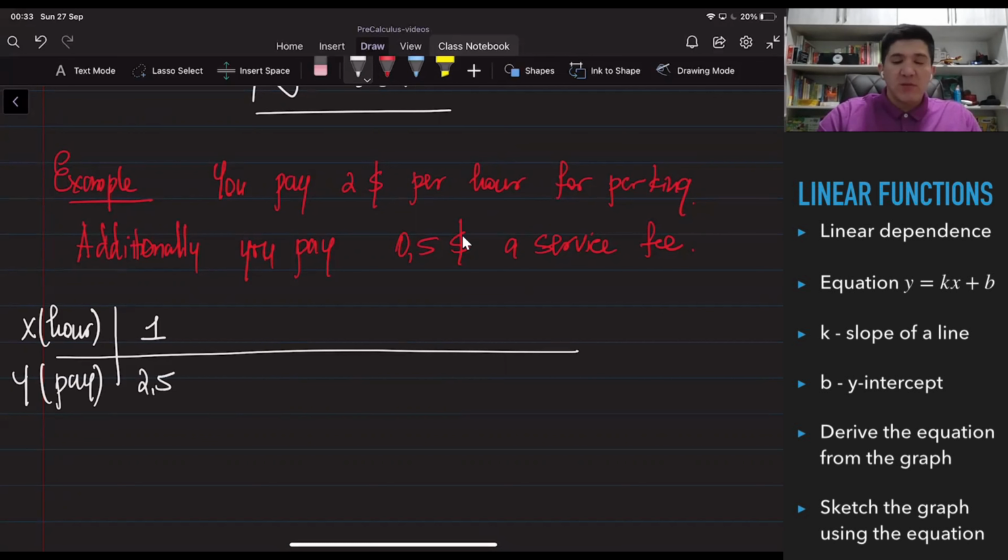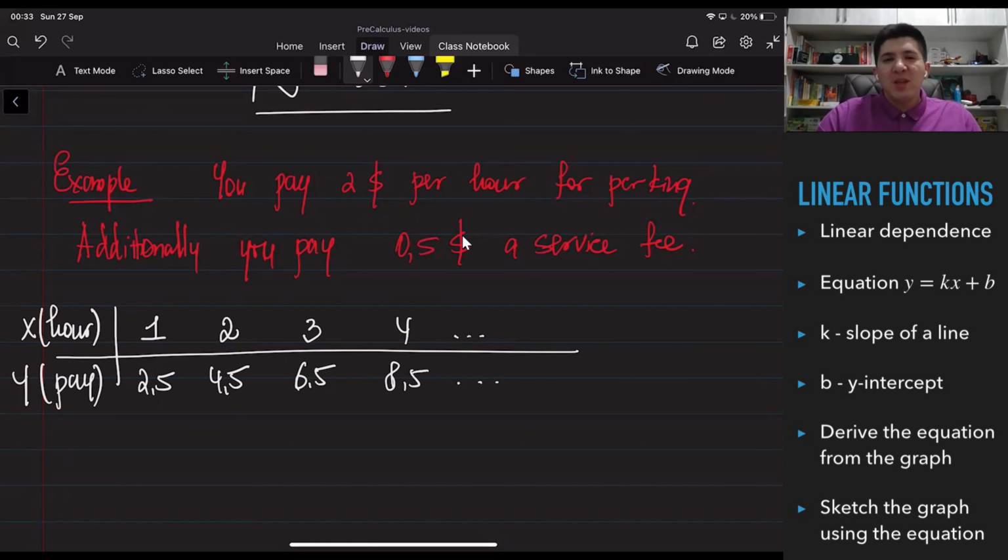If I would like to stay 2 hours, it's going to be $4 plus the service fee, which is 4.5. And if I would like to stay 3 hours, I am going to pay $6 plus 0.5, 6.5. 4 hours, it's going to be 8.5, and so on. So this is again a linear function.